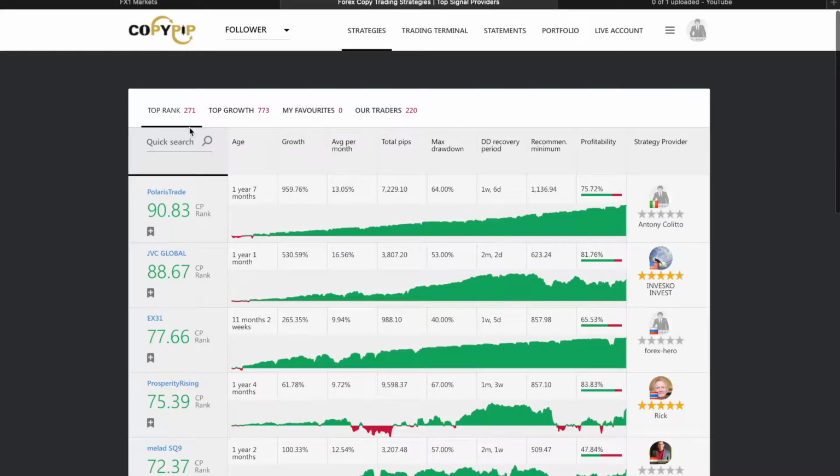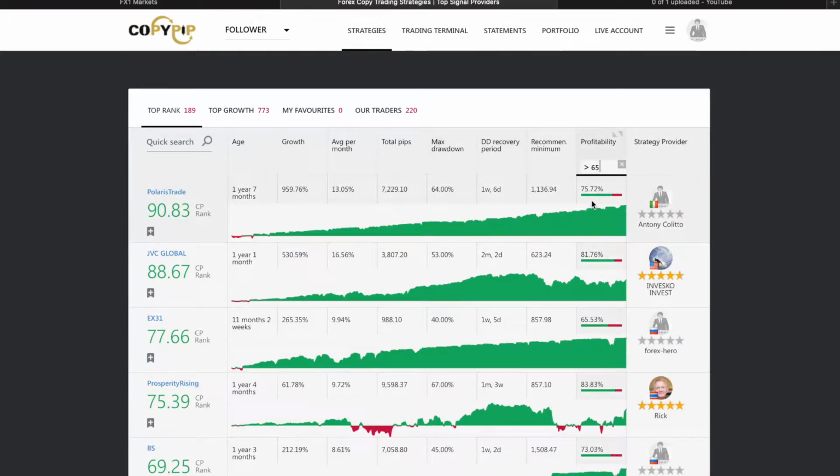So basically for my criteria is to have a trader which at least giving me a 75% chance of winning. This is the profitability section, which is okay, it's giving me the traders who have a chance of winning more than 65%.